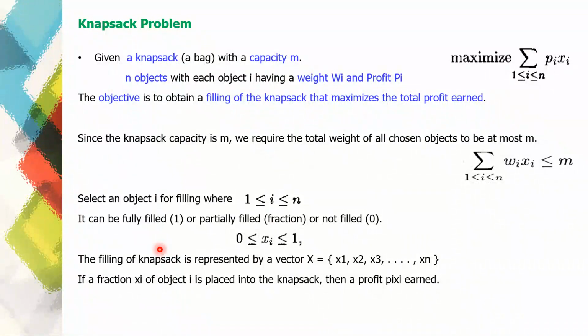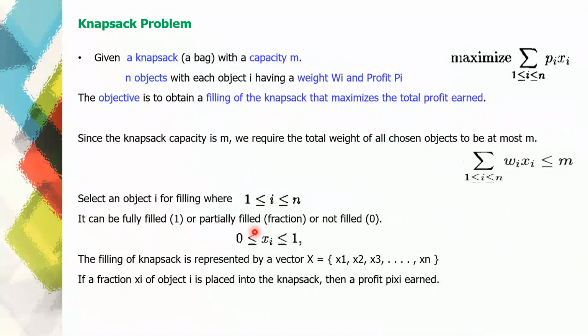So there are three choices I'll have to make at each stage. Selecting an item i using the selection procedure, I'll do that. After selecting an object I'll have to decide whether I have to put it into the bag or not. If I put it into the bag completely, the full item, then the Xi value will be equal to 1.